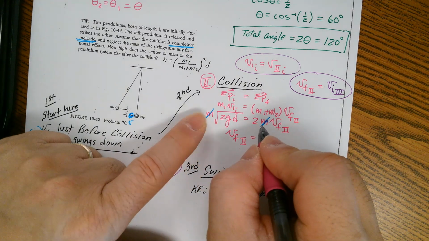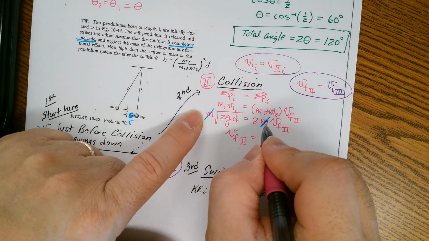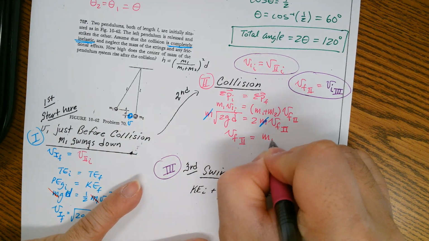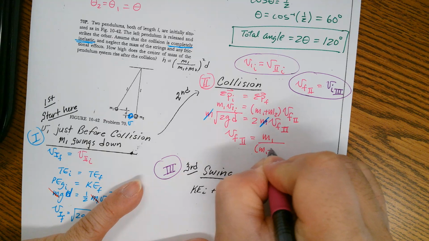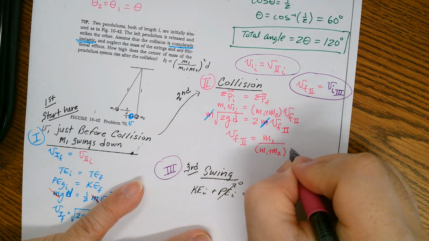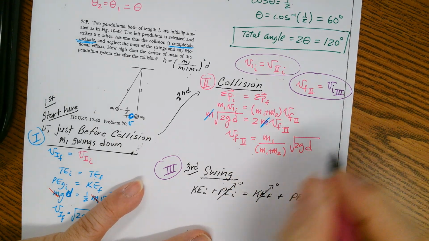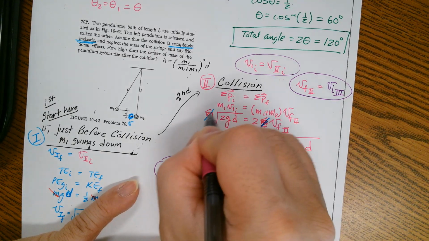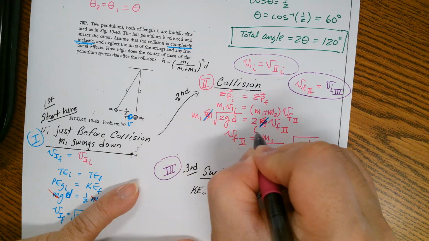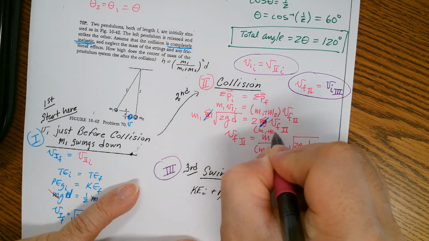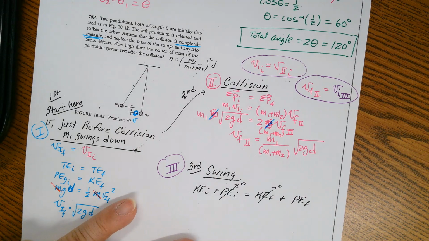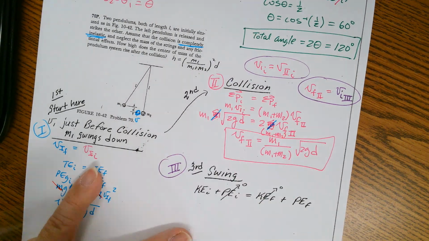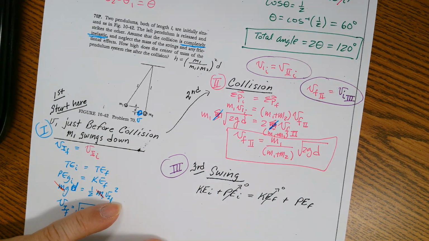So we cannot cancel out the masses. So v final of phase 2 is equal to m1 over m1 plus m2 times the square root of 2gd. We cannot eliminate these masses here. So this is what we have.